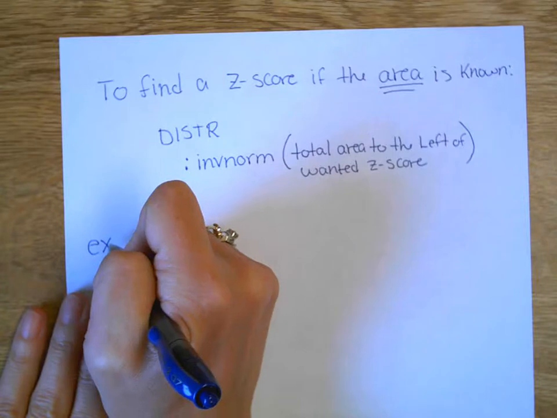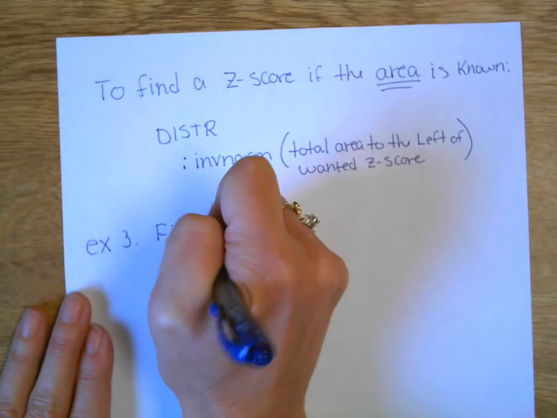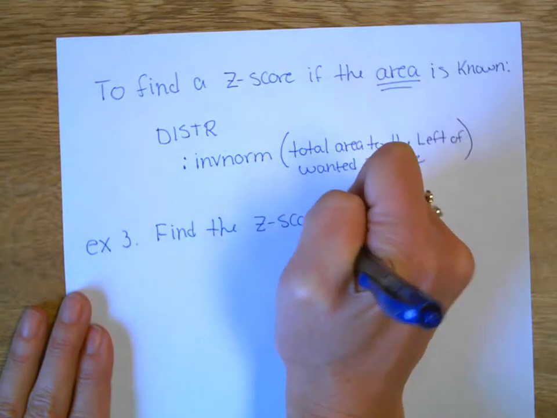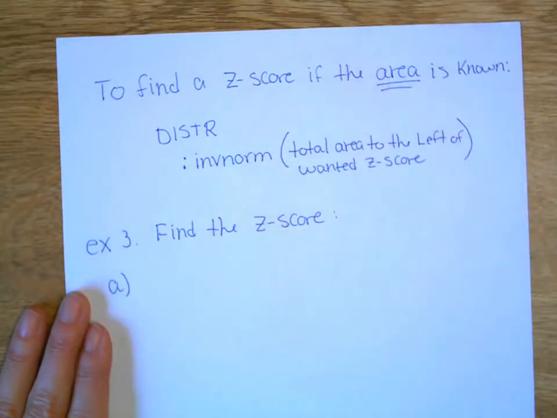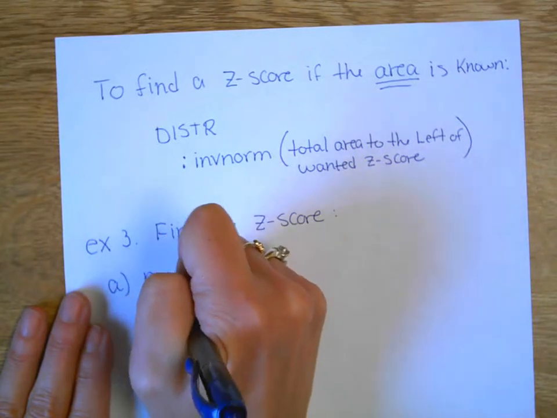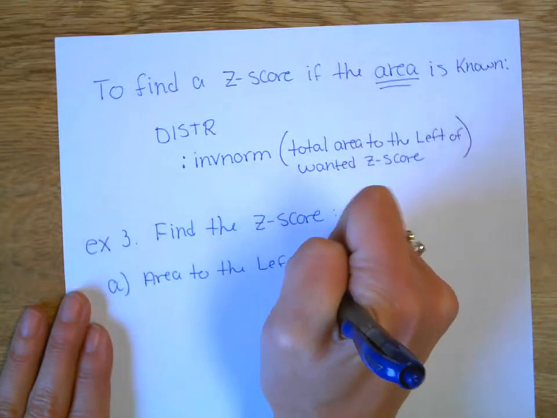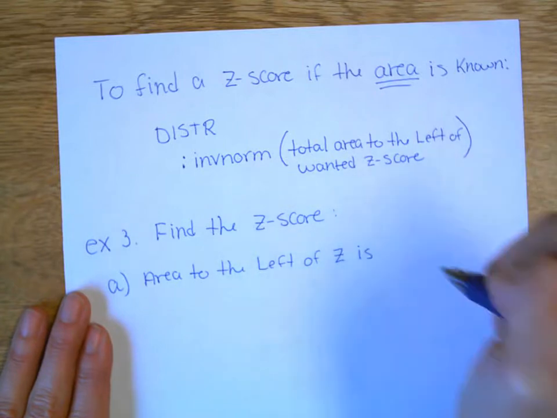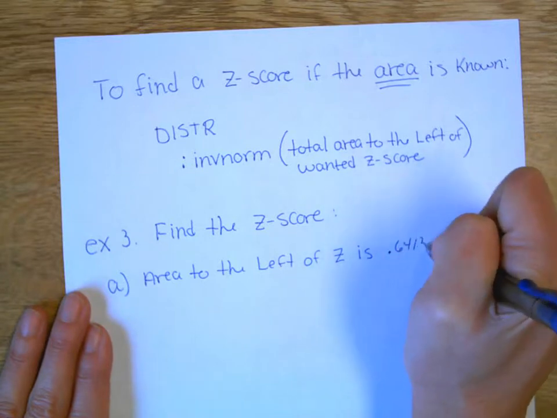Okay. What number are we on? 3. Find the z-score. That's the area to the left of some z-score that I don't know is 0.6413.